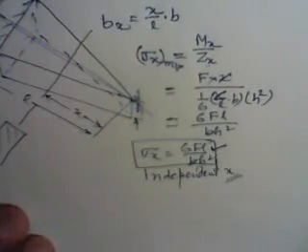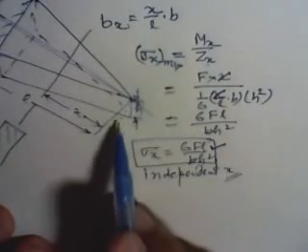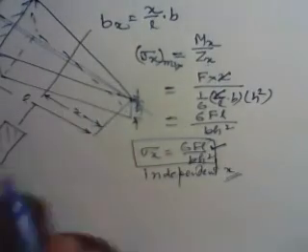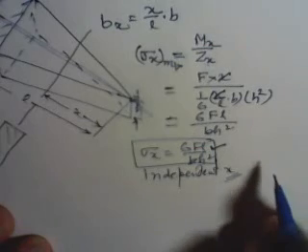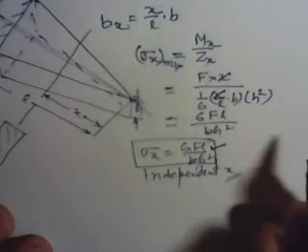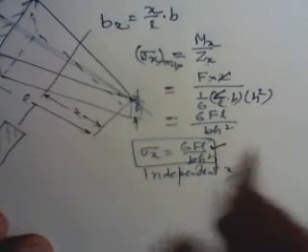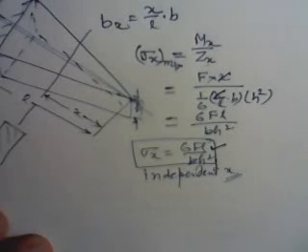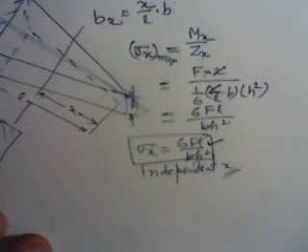This particular beam is called a beam of uniform strength, and we will be using the beam of uniform strength for laminated springs, and that will be explained in the next video. How we can use it, and why we reduce the length of the laminates in making a laminated spring. Thank you.